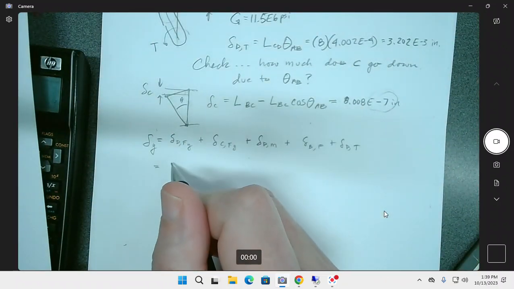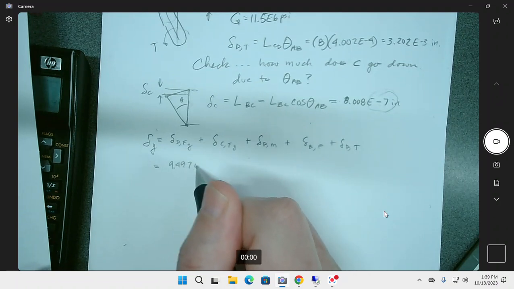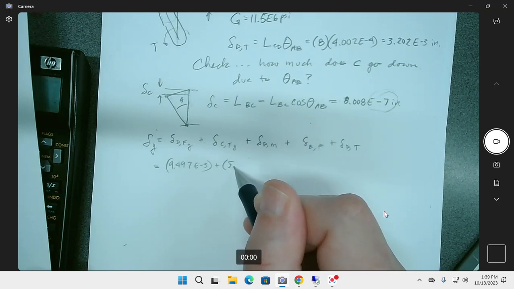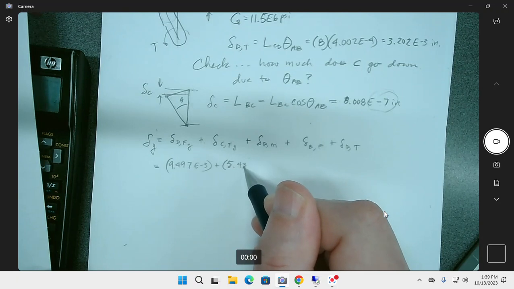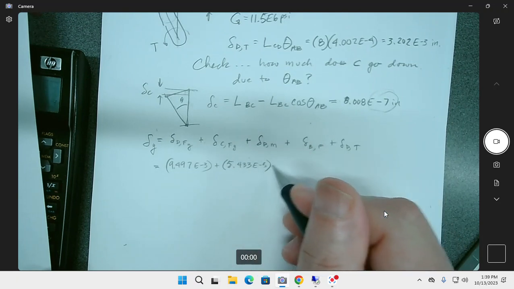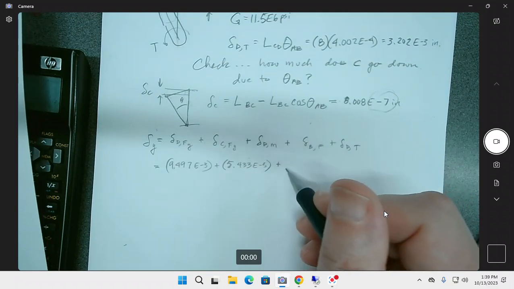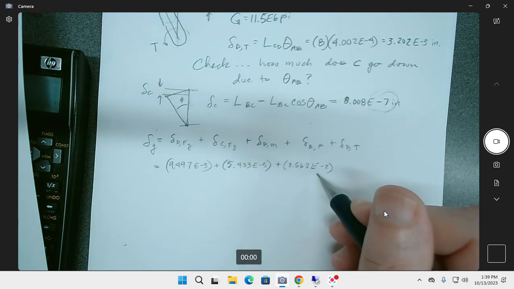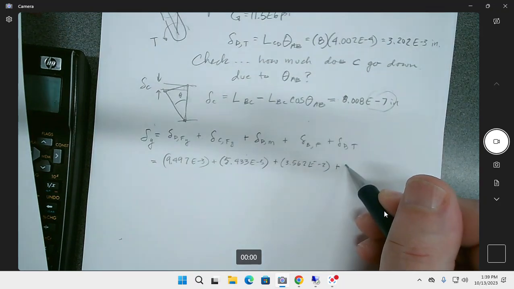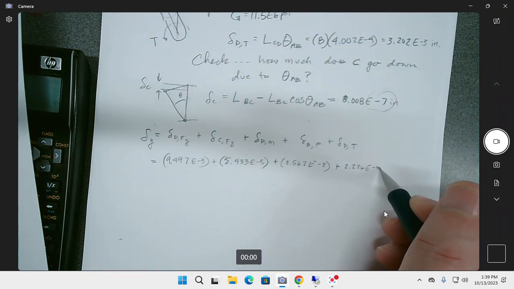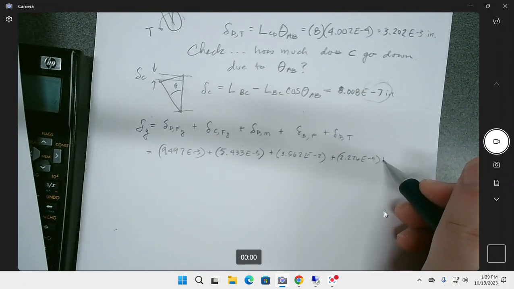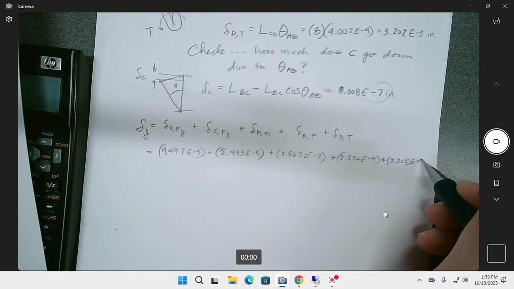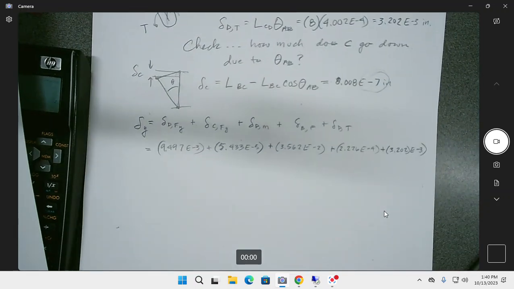So, let's go 9.497 E minus 3 plus, and this is the axial right here, right? 5.433 E minus 5 plus 3.562 E minus 2, that was a big one, plus 2.226 E minus 4, and then lastly 3.202 E minus 3.